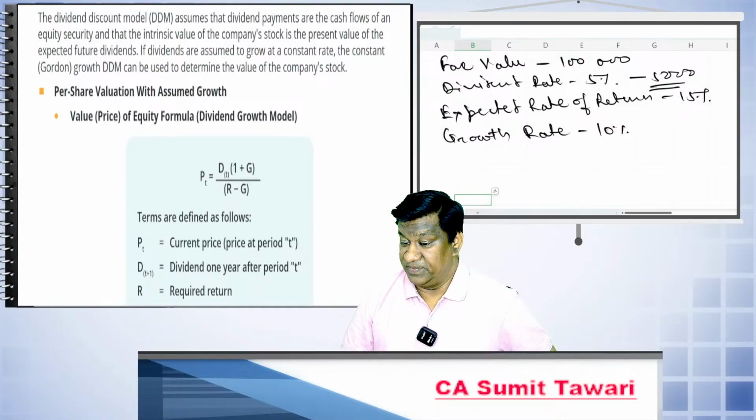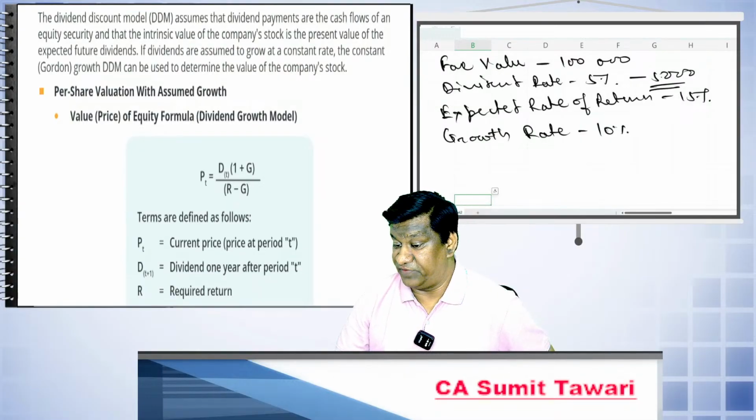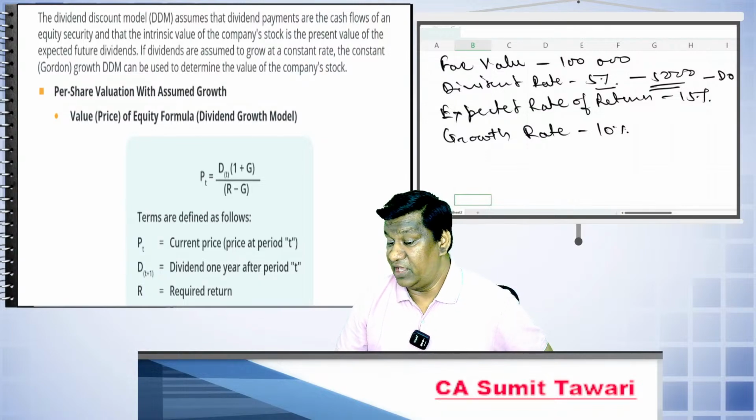See, this 5% is for the D0 period, and the 10% means 5,000 multiplied by 1.10, which is 5,500. So this is D1.